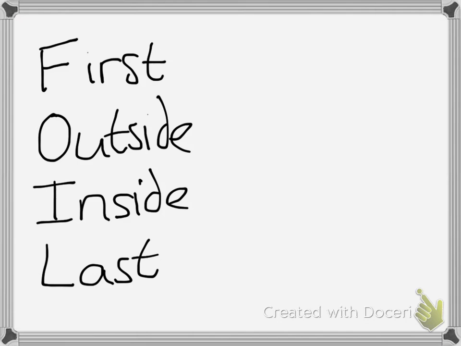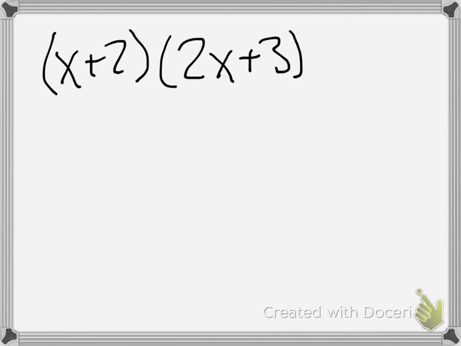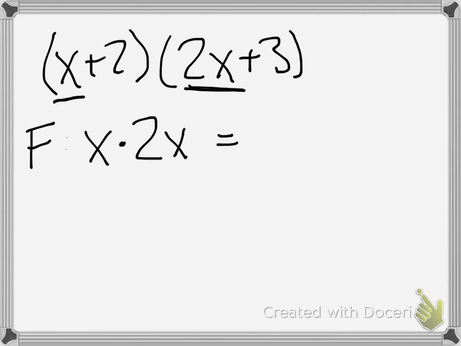This is an easier way to go through this multiplication. This means my first thing to do is first. That means I'll take the first term of each of these binomials and I'll multiply them together. So my F is x times 2x. That's 2x squared.